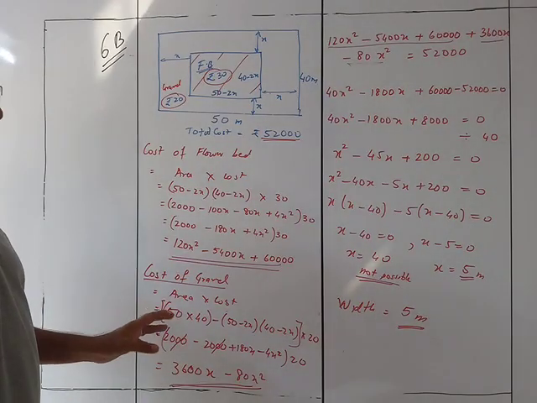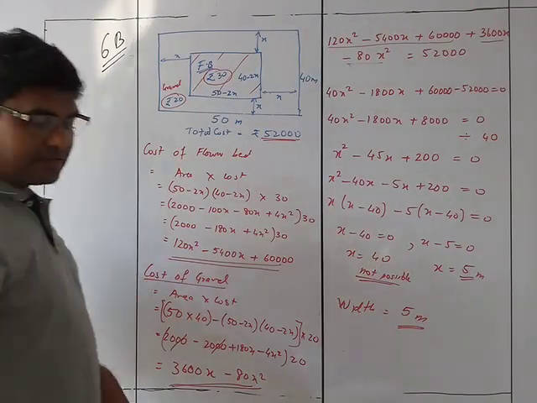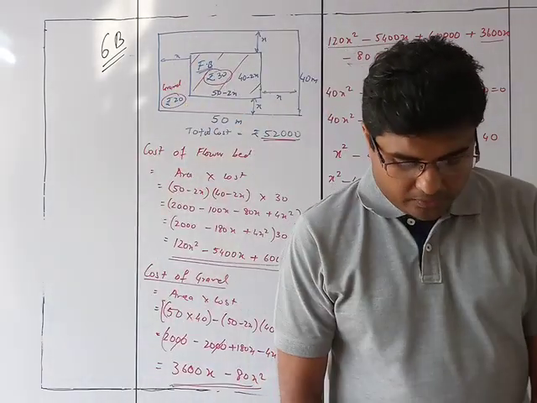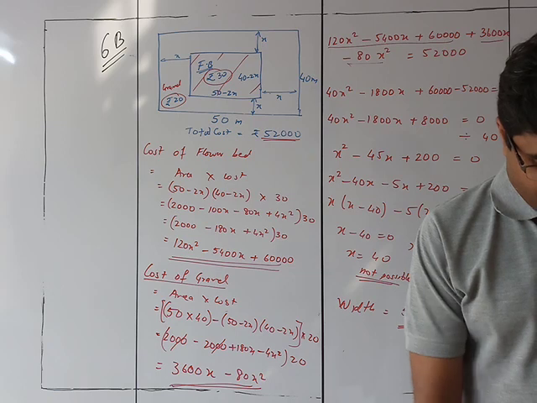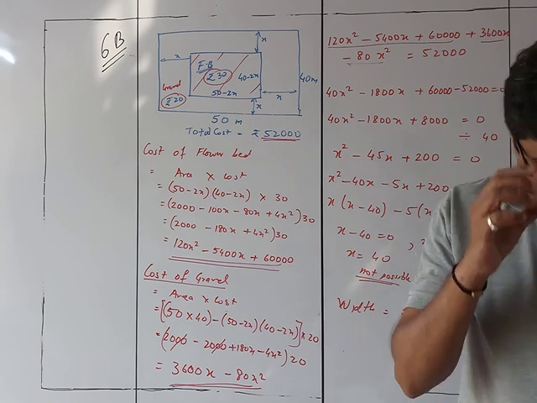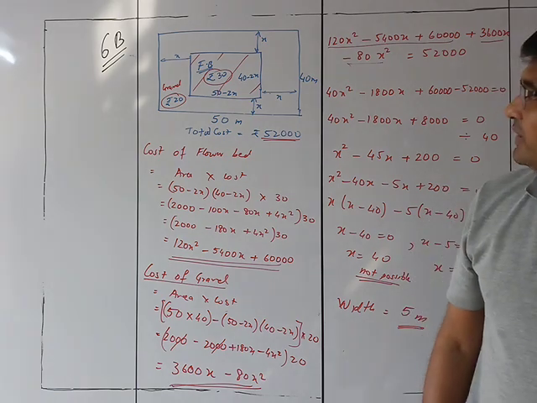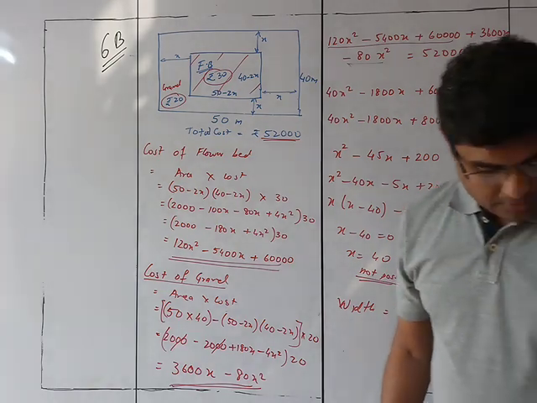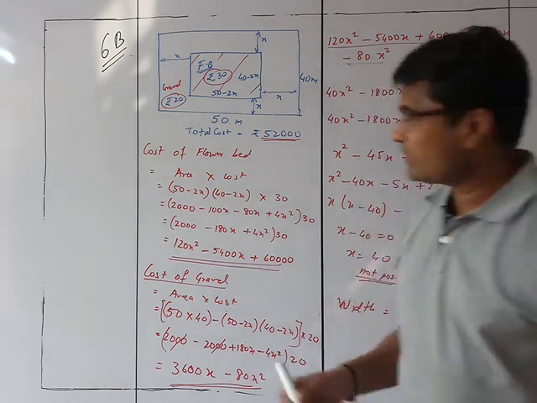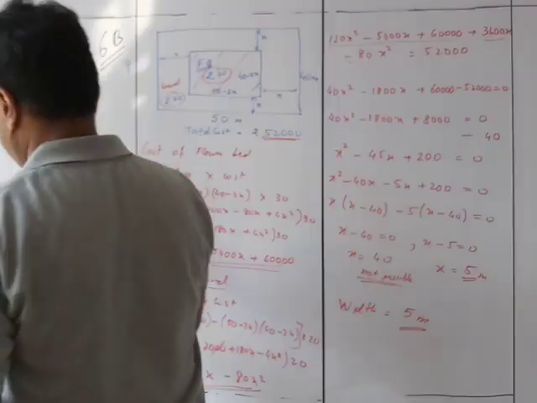So be very sure that you are doing the sum properly when you try it on your own, or when you are doing it later on for your practice. So that was sum number 9 of exercise 6b.